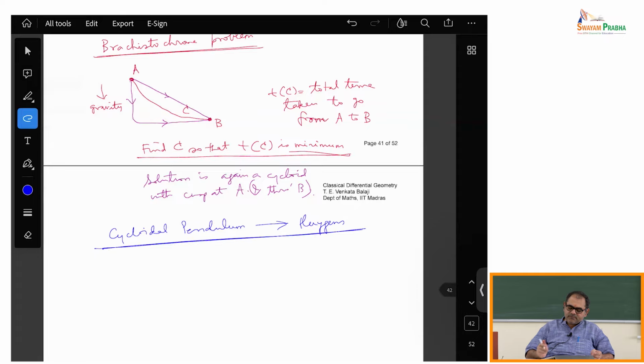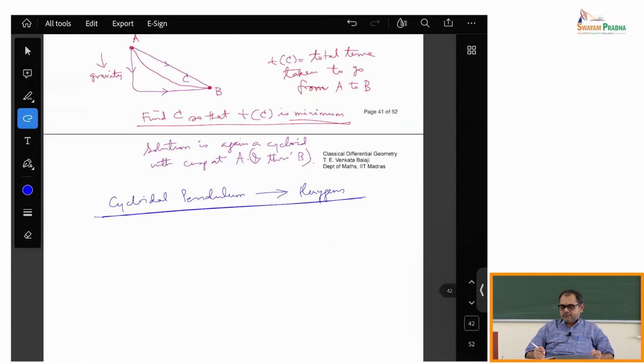So he was the one who, for example, advocated wave fronts, and his theory of wave fronts was built on the theory of involutes.